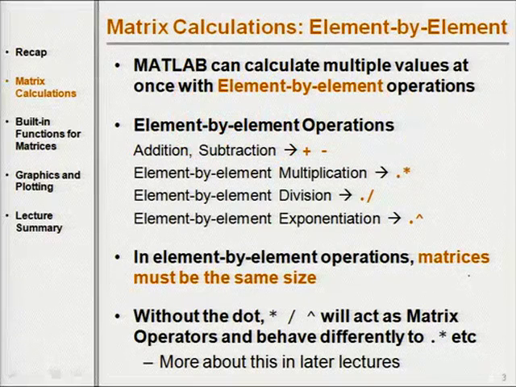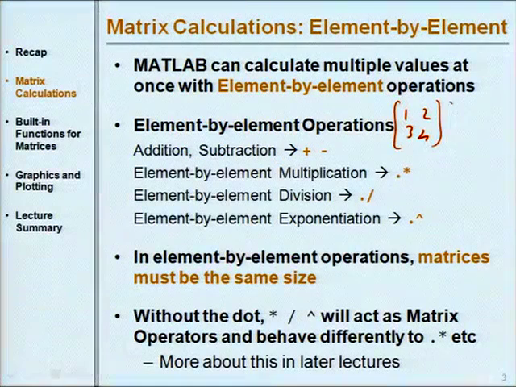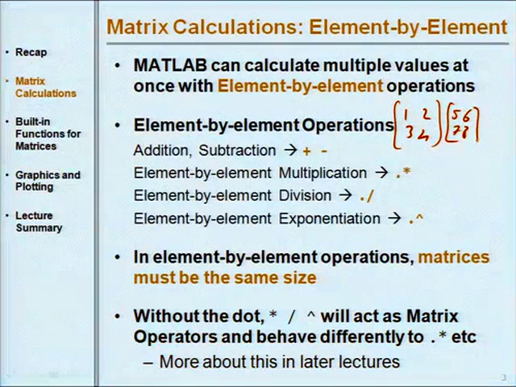So what you would have done, if you've done matrix multiplication before, so if say you have 1, 2, 3 and 4, and then multiply by, let's just say 5, 6, 7, 8. In mathematics you take the first row, multiply by the first column.